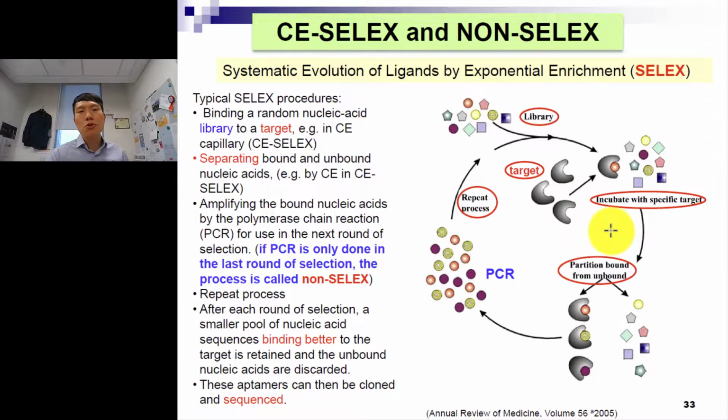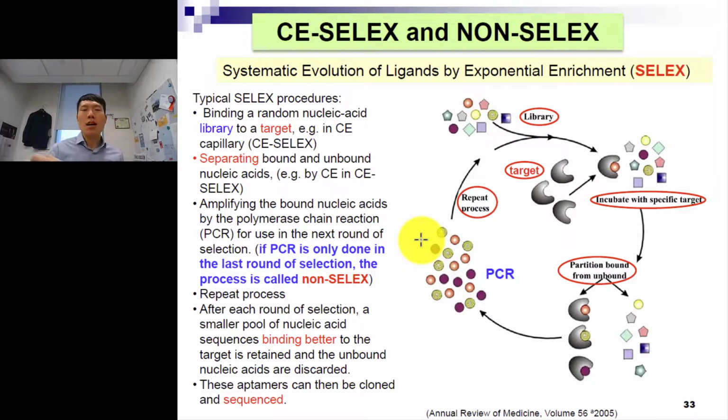Here, we introduce this term called SELEX. You hear me talking about SELEX, CE-SELEX, non-SELEX. SELEX is an acronym for systematic evolution of ligands by exponential enrichment. SELEX, S-E-L-E-X. What is it?